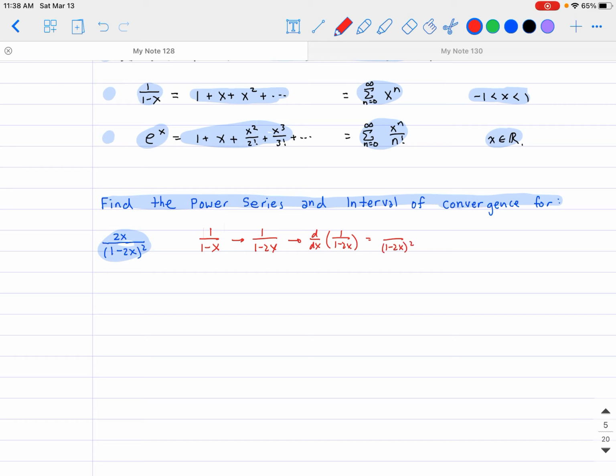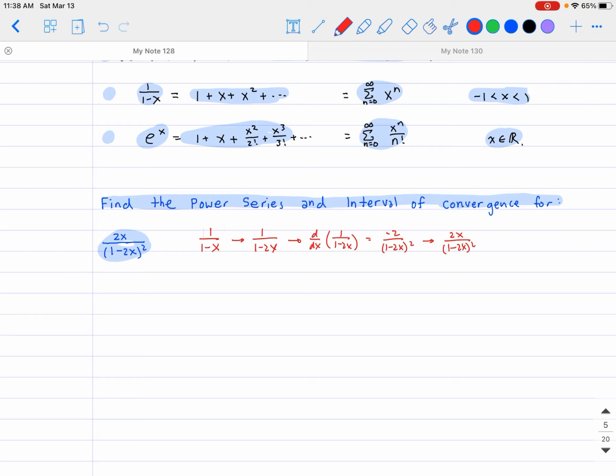By the chain rule, that gives me a 2 on top. Finally, there is an x on top, so we can multiply by x and divide by 2, and we get our result, 2x divided by 1 minus 2x quantity squared.